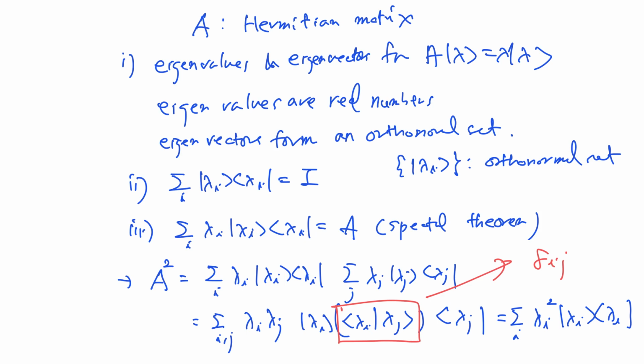And then actually you can continue this. You can multiply A many times. And A to the k, lambda I to the k.